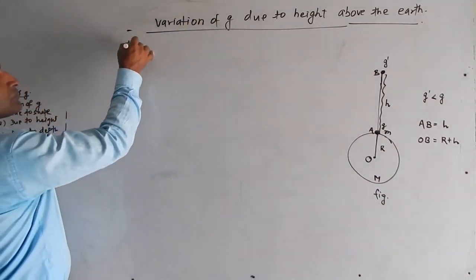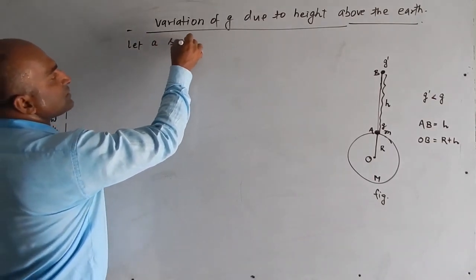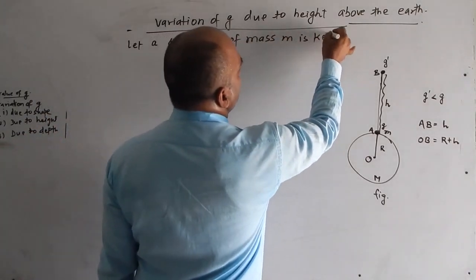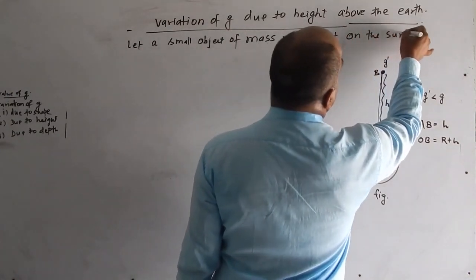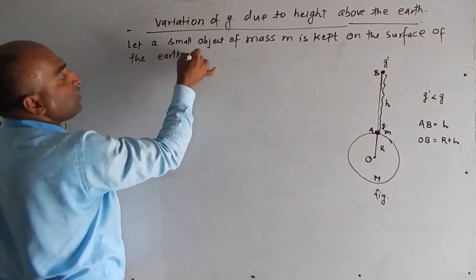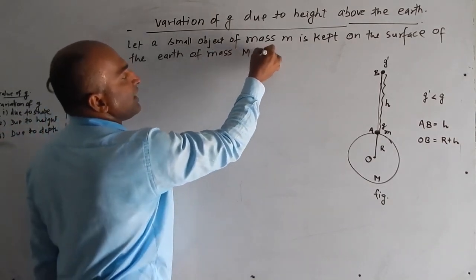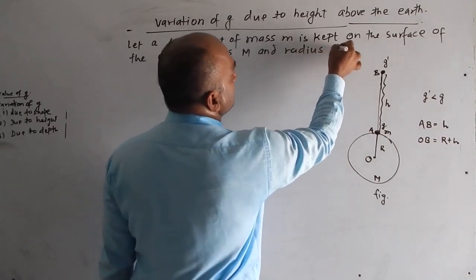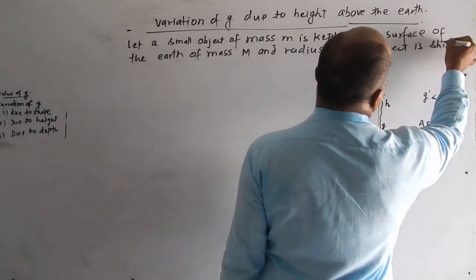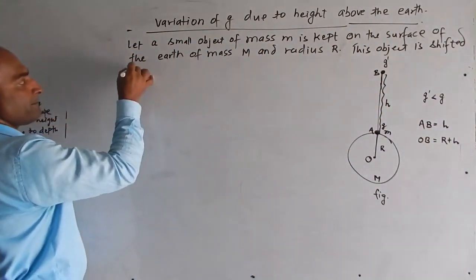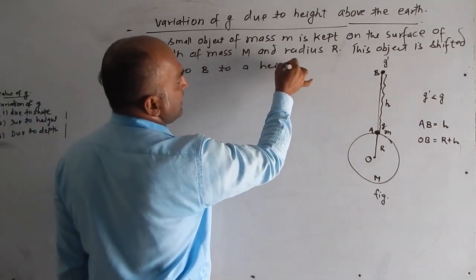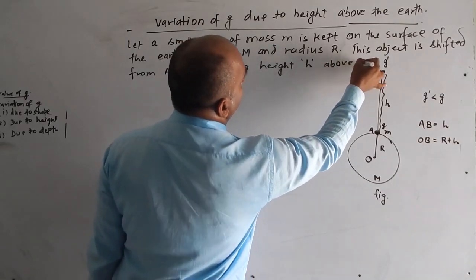Let a small object of mass m be kept on the surface of the Earth, of mass M and radius R. This object is shifted from A to B, to a height h above the ground.